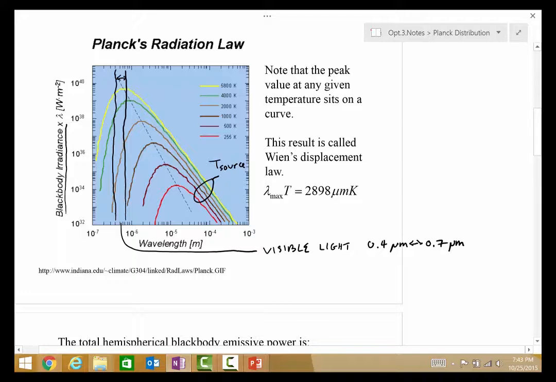What you see in terms of that emission is that at 5800 Kelvin, the peak is roughly between 0.4 and 0.7 micrometer. This 5800 Kelvin is the black body temperature of our sun.